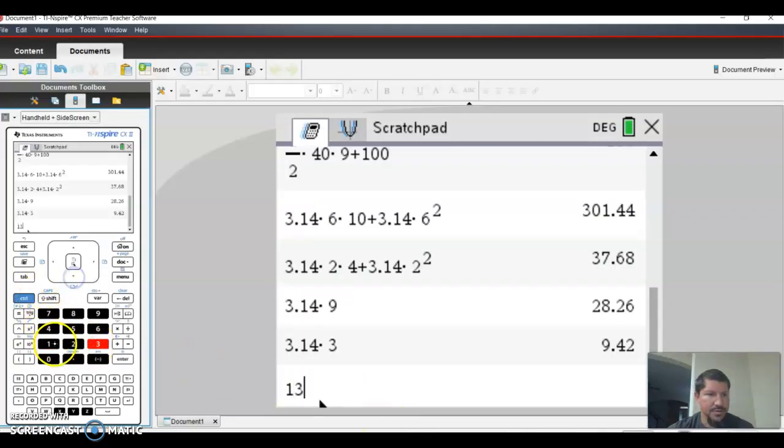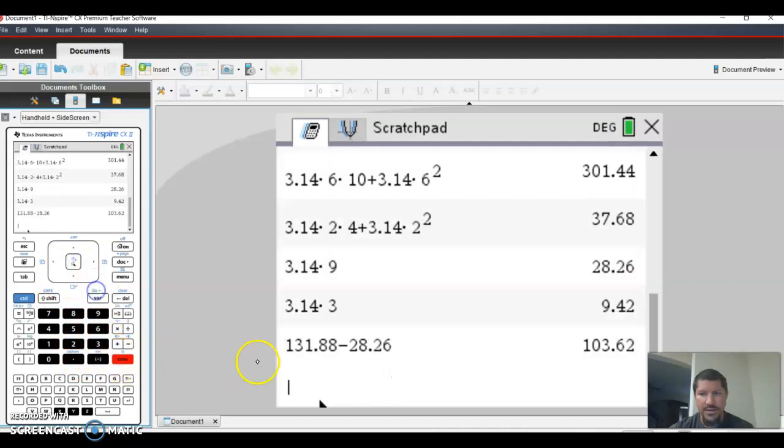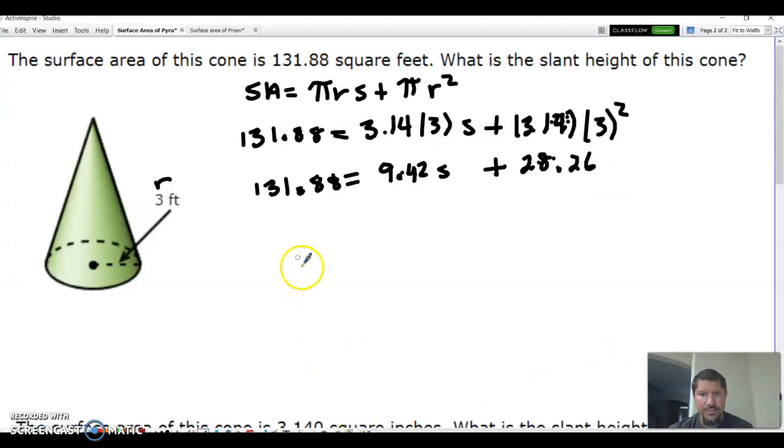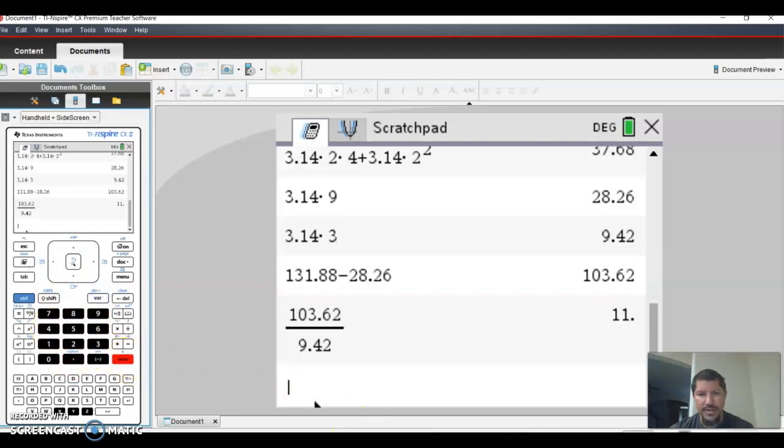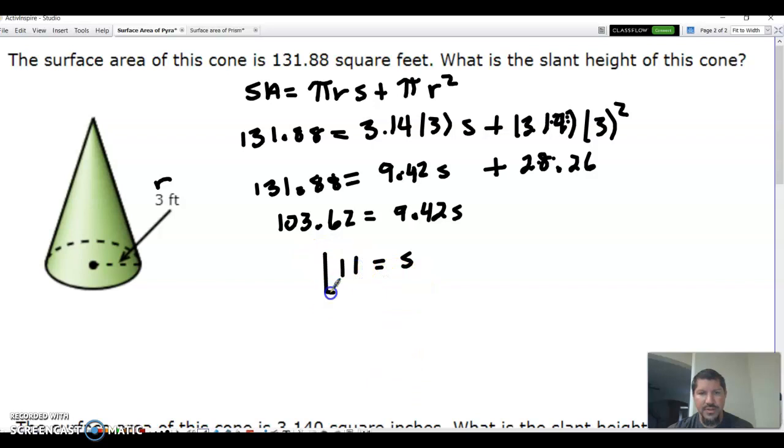So 131.88 minus 28.26 gives me 103.62 equals 9.42 S, and then we'll divide by 9.42, which would give me 11. So in this case, my slant height is 11 feet.